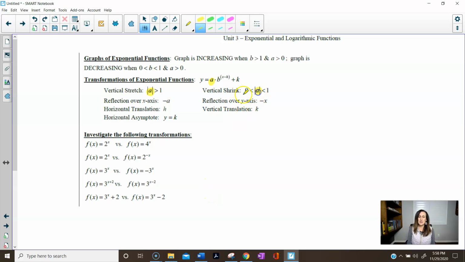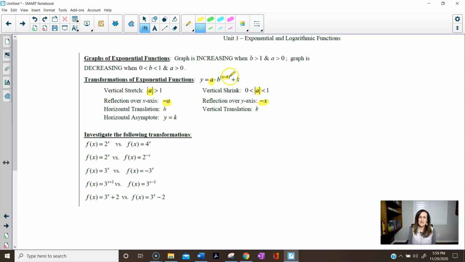If the absolute value of that number is between 0 and 1, then we get a vertical shrink, which means it's moving up slower. Reflection over the x-axis, we throw a negative out in front. Reflection over the y-axis, we would put a negative up here in front of the x in the exponent, and that's going to reflect us over y.